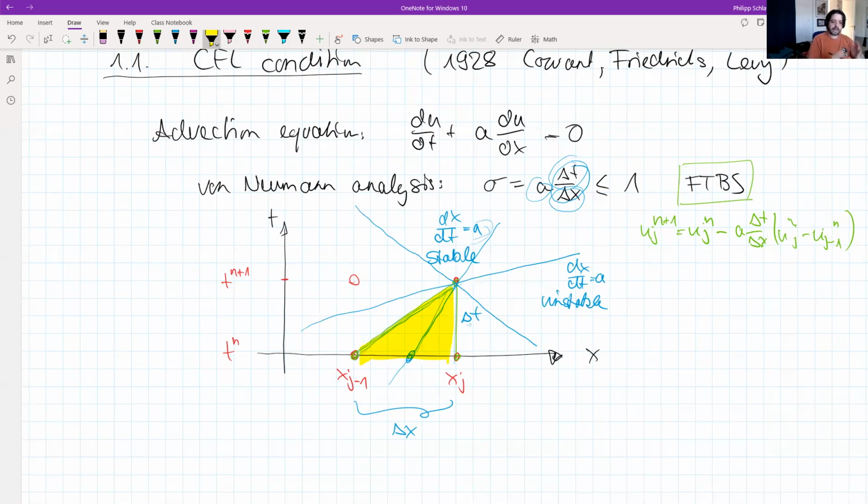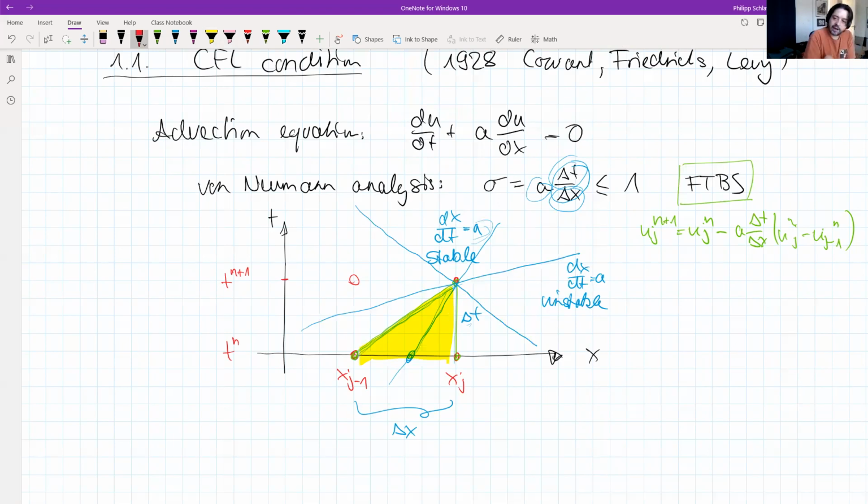Okay? And of course, now the question is, how can we give a physical interpretation to this problem? Well, that's exactly what the von Neumann analysis says. Because we can now go back to a concept that we discussed earlier in the course: the domain of dependence of a partial differential equation.